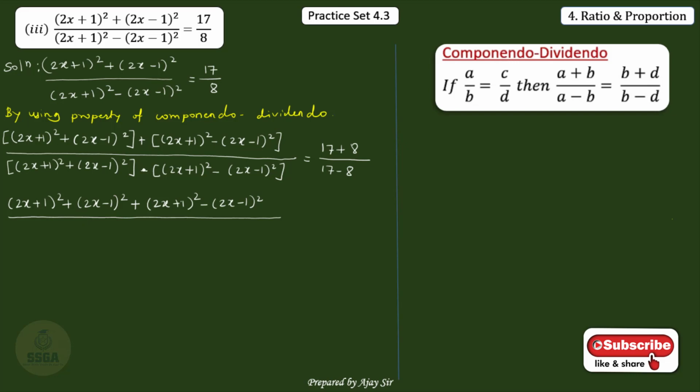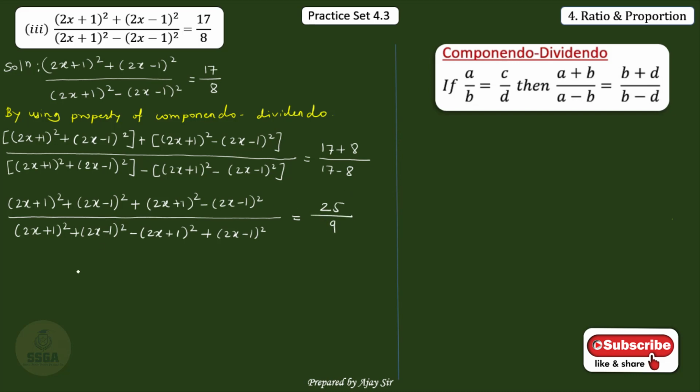If there is a minus sign outside while removing the bracket, then the inside signs will change. So the numerator is (2x plus 1) bracket square plus (2x minus 1) bracket square. In the denominator, the minus sign changes the inside signs: (2x plus 1) bracket square, and minus minus becomes plus, (2x minus 1) bracket square. Here 17 plus 8 is 25, and 17 minus 8 is 9.